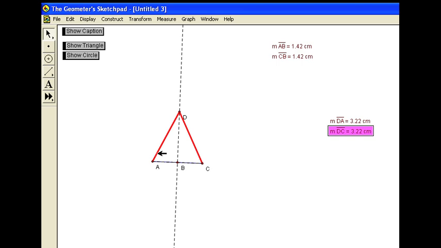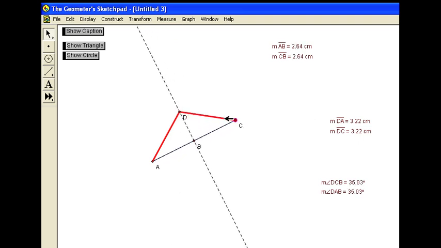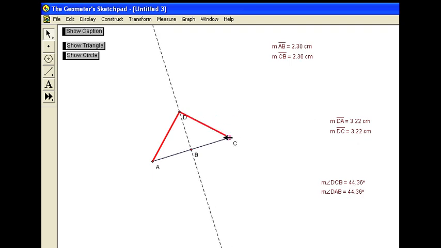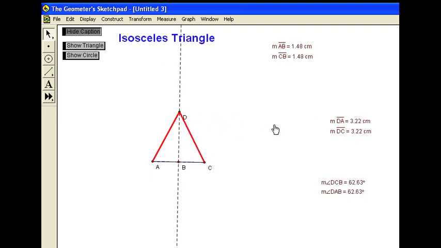And also these base angles are supposed to be equal, so we'll go ahead and measure angle DCB at 63.8, and then we'll measure DAB, and that's 68.83. So now no matter where I move this, however I move that, all these lengths are staying equal, which satisfies the definition of an isosceles triangle.